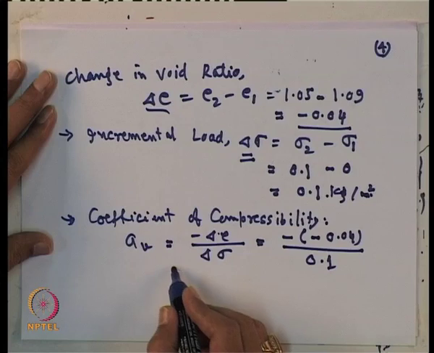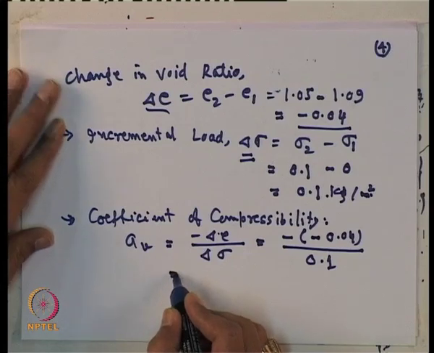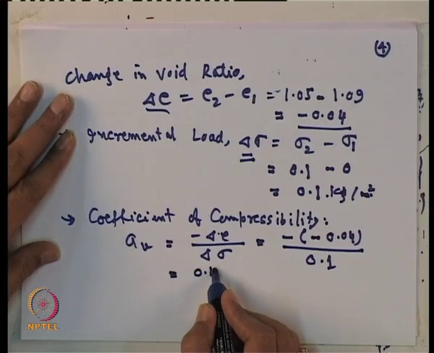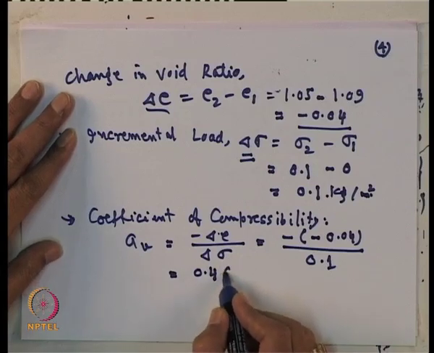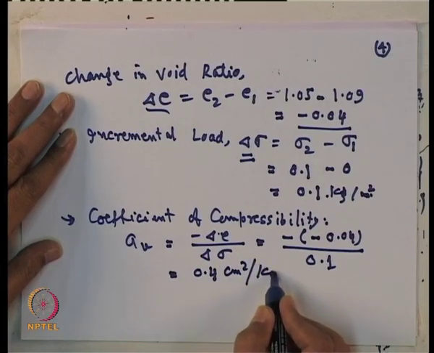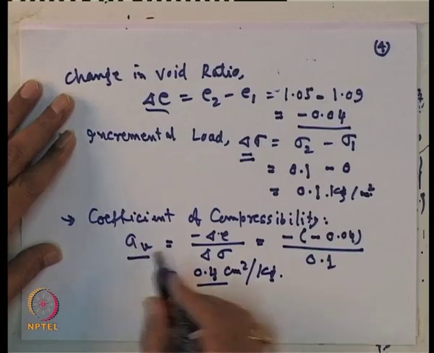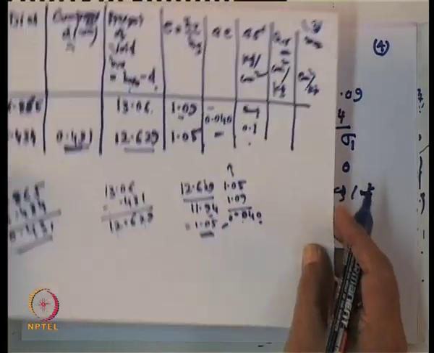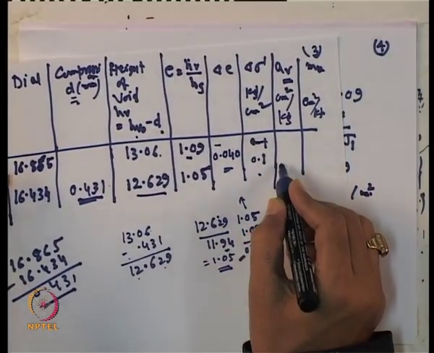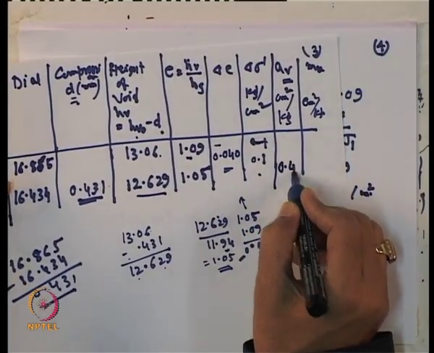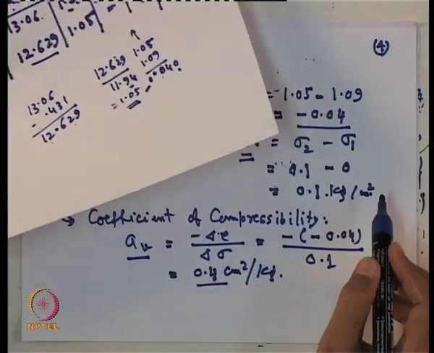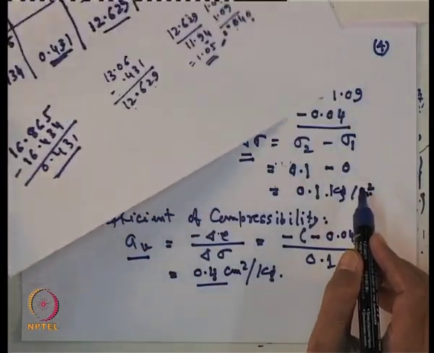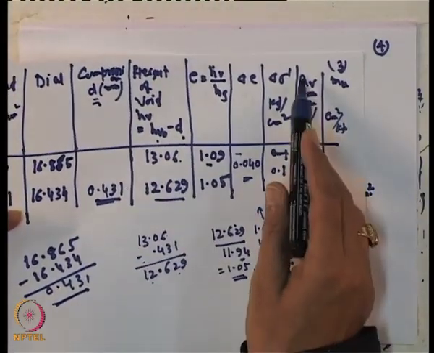If you calculate, you get the av value equal to 0.4 centimeter square per kg.